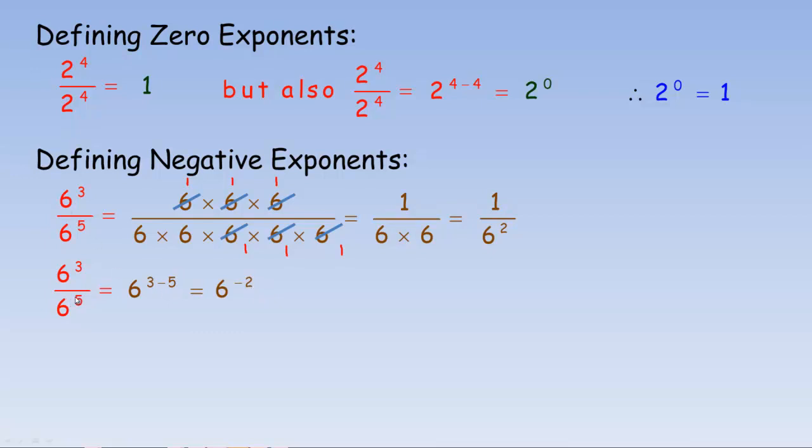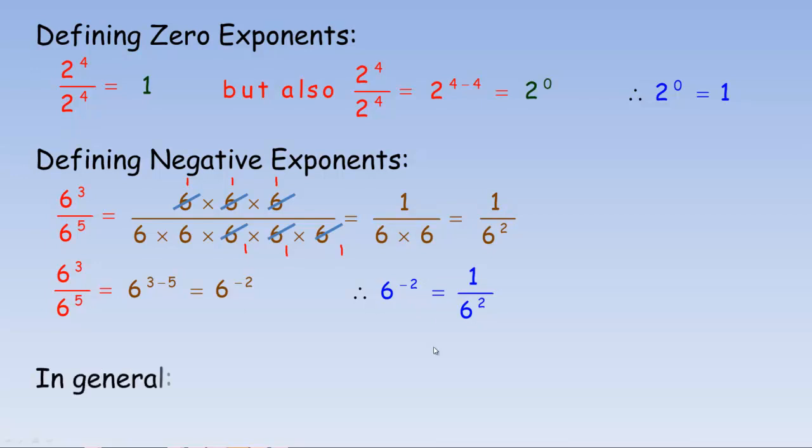Now, I evaluated the same thing two different ways, so this and this must be the same. So 6 raised to the exponent negative 2 is the same as 1 over 6 raised to the exponent of positive 2. So that's what a negative exponent means. Again, it means a reciprocal. Reciprocal means it's 1 over the same power but with an exponent that's positive.